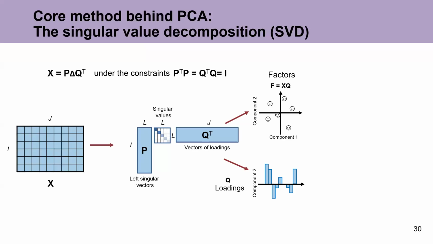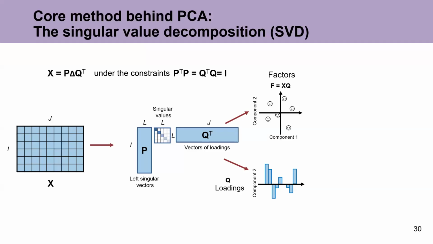So X times Q is P times delta. So factor scores is the singular vector times the singular values. So you rotate and then stretch, and that is your space. That is your scores. If that doesn't make sense to you or that makes you more confused, just remember it's a linear combination, and that's good. That's all we need today.